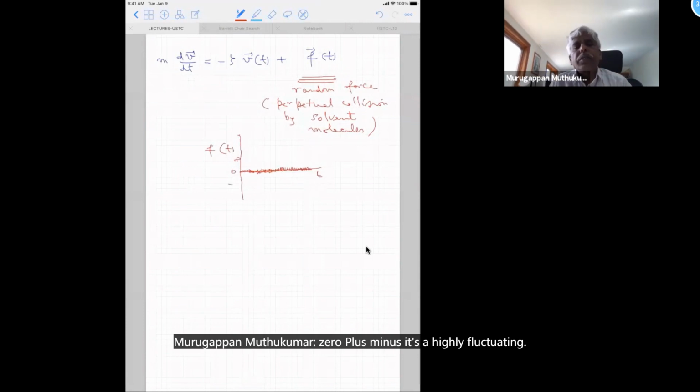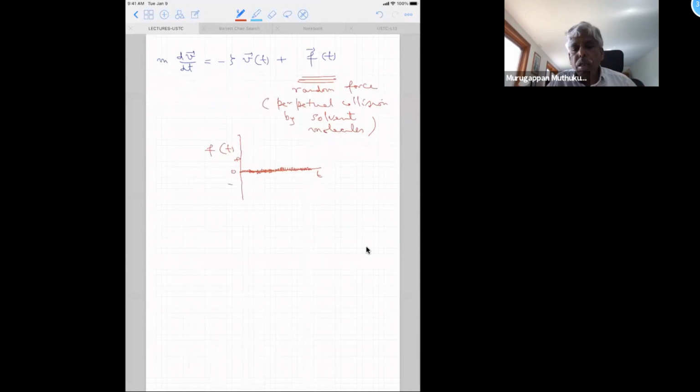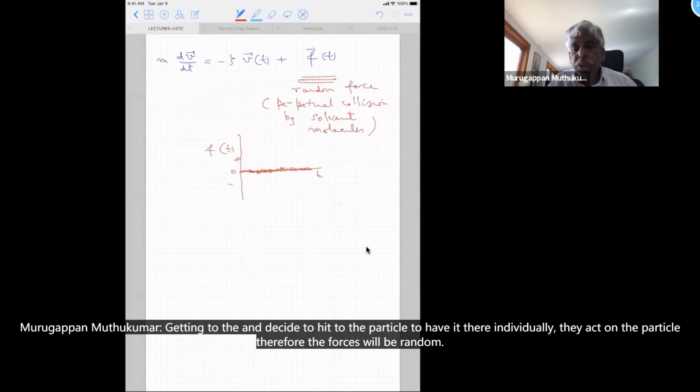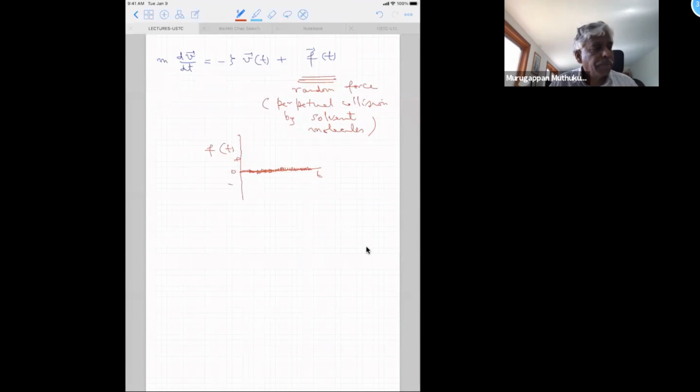It's highly fluctuating. It's noisy because the solvent molecules are not getting together and deciding to hit the particle together. They act on the particle individually, therefore the force is going to be random.